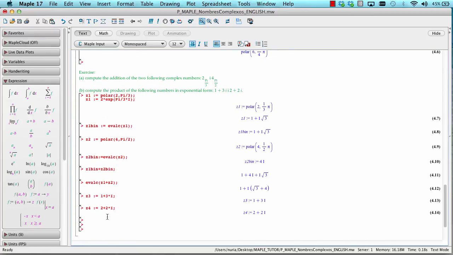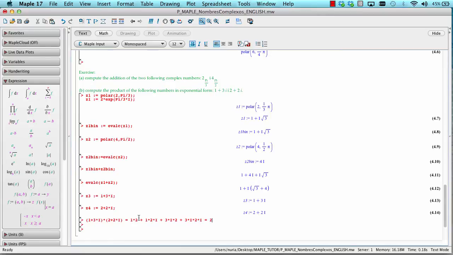Z4 is going to be 2 plus 2i. Okay. In order to do the product, we could do that directly in binomial form. In this case, it would be easy. So we would go like this. This is not a correct Maple statement, it's just for you to see. So we would proceed to do a product just like in real numbers: 1 times 2, 1 times 2i, plus 3 times i times 2, plus 3 times i times 2 times i.